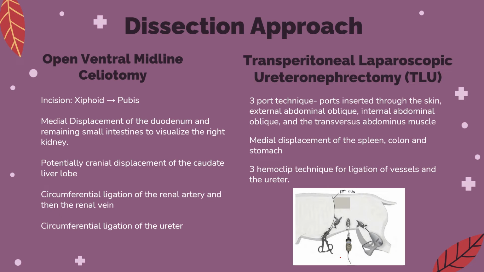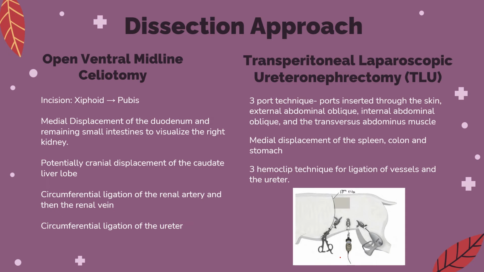But if the renal artery is greater than 3 millimeters in diameter, a transfixation ligature will be placed distal to the 2 circumferential ligations. That way it provides extra security for those vessels.